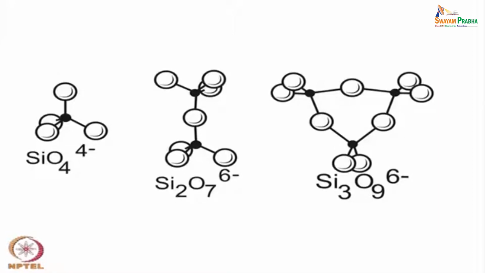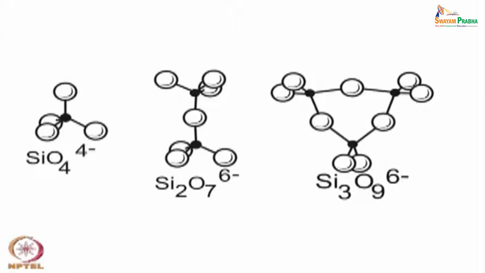So, let us look at the silica compound, silica SiO2, and what are the different compounds based on silica. In fact, there are a large variety of silicates, because pure silica is also available. That is an important constituent of glass making.